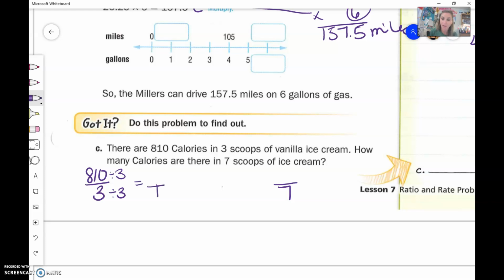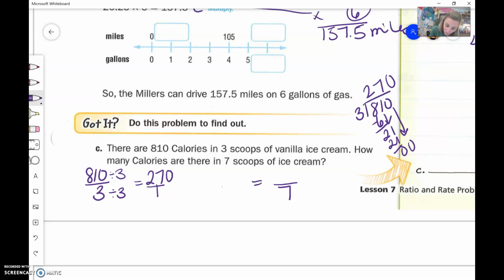So 3 divided by 3 is 1. 810 divided by 3, I'm going to come over here and work the problem out. So 2, 6, 1, that goes in 7, 0. So 270 calories in 1 scoop of ice cream.